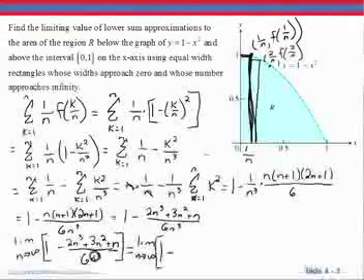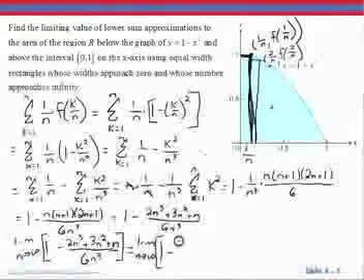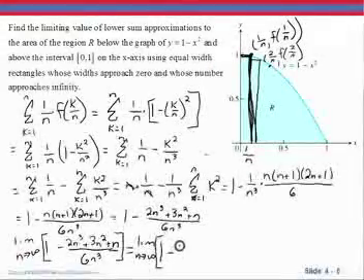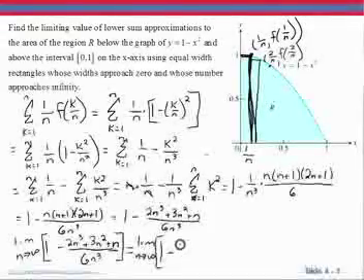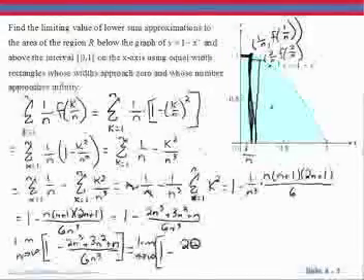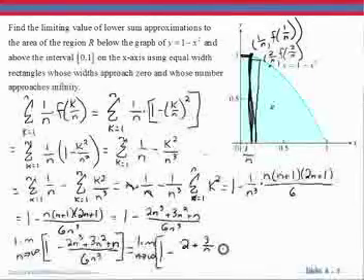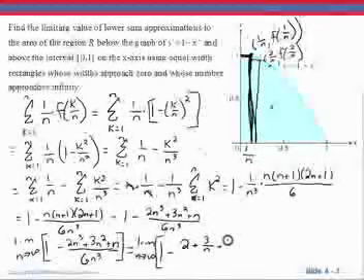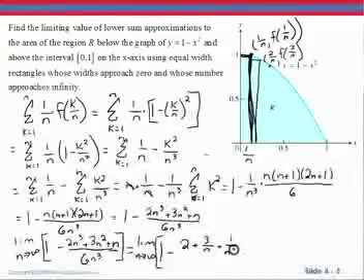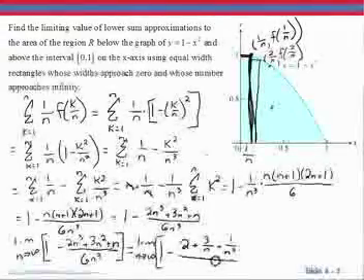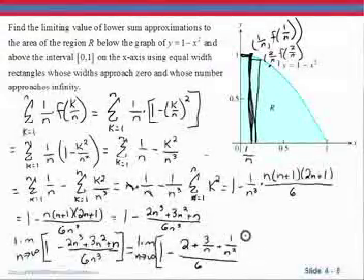If I divide everything through by n cubed, 2n cubed divided by n cubed would be 2. Plus 3n squared divided by n cubed would be 3 over n. Plus n divided by n cubed would be 1 over n squared. And 6n cubed divided by n cubed would be 6.